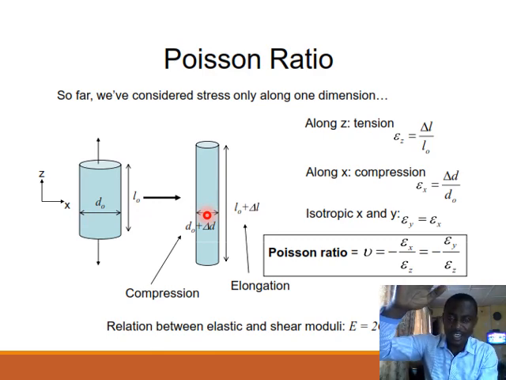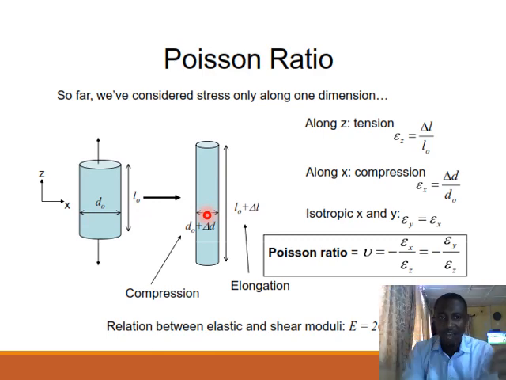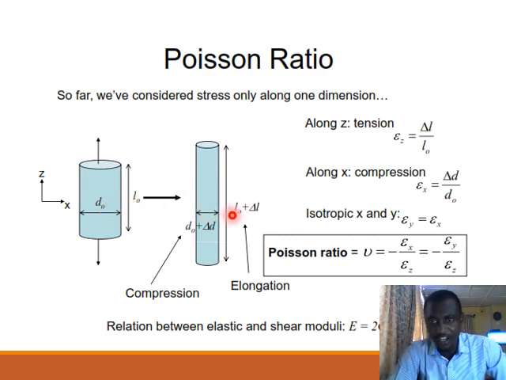So along Z there is elongation, and along X there's going to be a reduction in the diameter of this material. So how do you now define the Poisson ratio? The Poisson ratio now is going to be the strain along X divided by the strain along Z, with a negative sign. So negative epsilon X divided by epsilon Z will define the Poisson ratio.